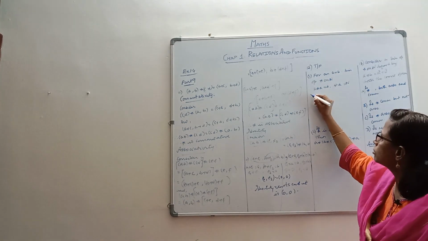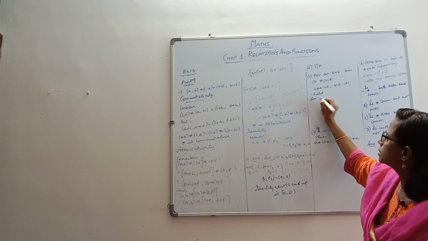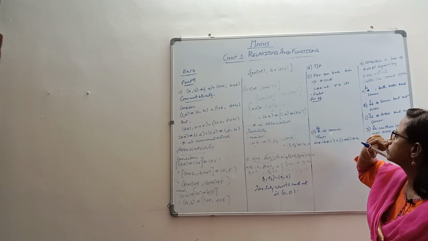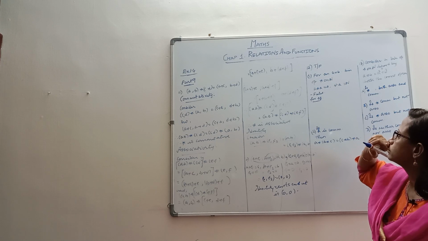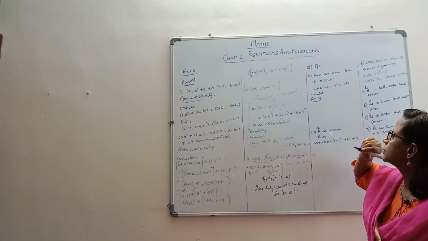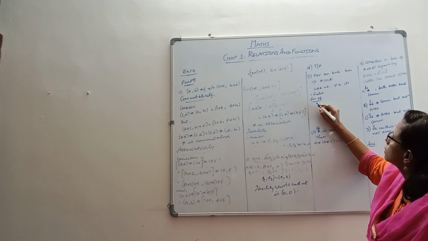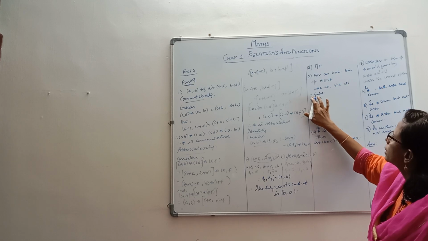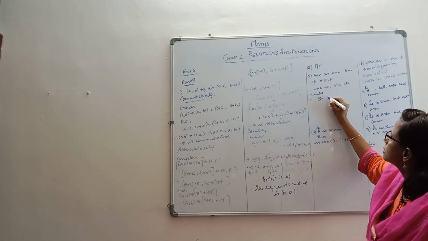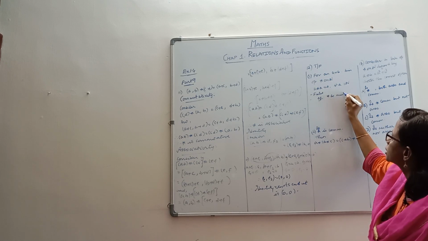For example, you can write this as false. A counter example: star B is multiplication, for example.